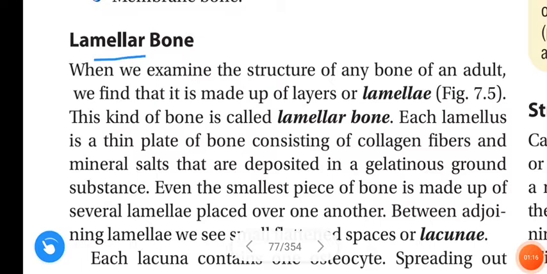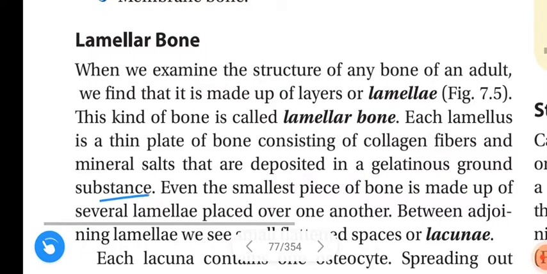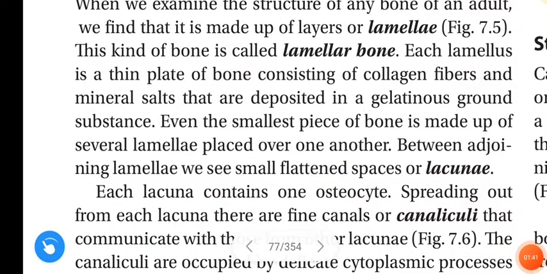First, lamellar bone. When we examine the structure of any bone of an adult, we find that it is made up of layers or lamellae. This kind of bone is called lamellar bone. Each lamellus is a thin plate of bone consisting of collagen fibers and mineral salts that are deposited in a gelatinous brown substance. Even the smallest piece of bone is made up of several lamellae placed over one another.